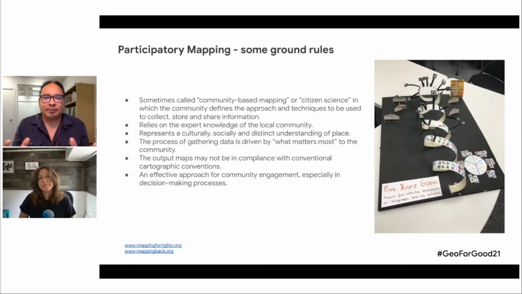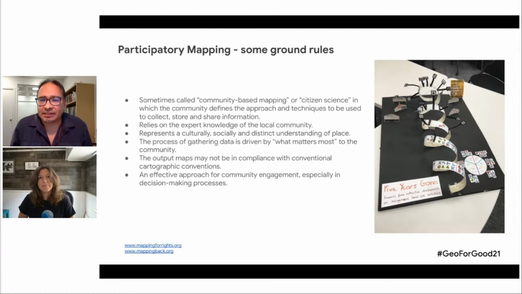But either way, it's a process in which the community defines the approach and techniques to be used to collect and store that information. It heavily relies on community knowledge and the expertise of the community. It represents the culturally and socially distinct understandings of space and place. And the process really focuses on what matters most to the community, and that's really what drives the process.